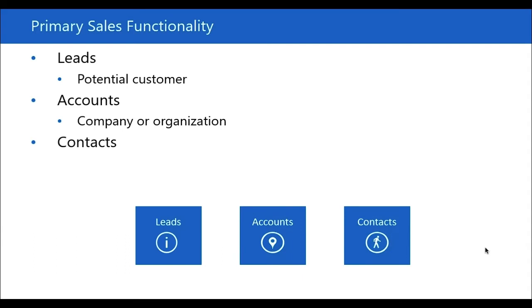And then finally, we have contacts. Now, unlike accounts, a contact represents a person. An account can also be considered a customer, as if we're doing a business to person relationship.